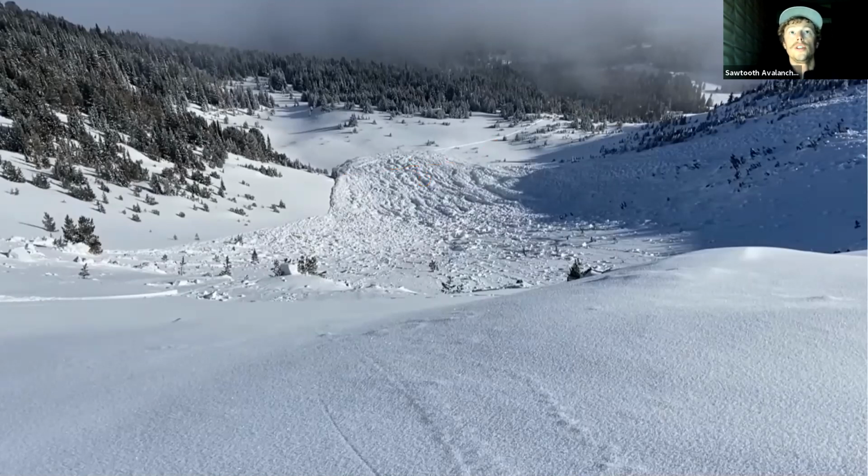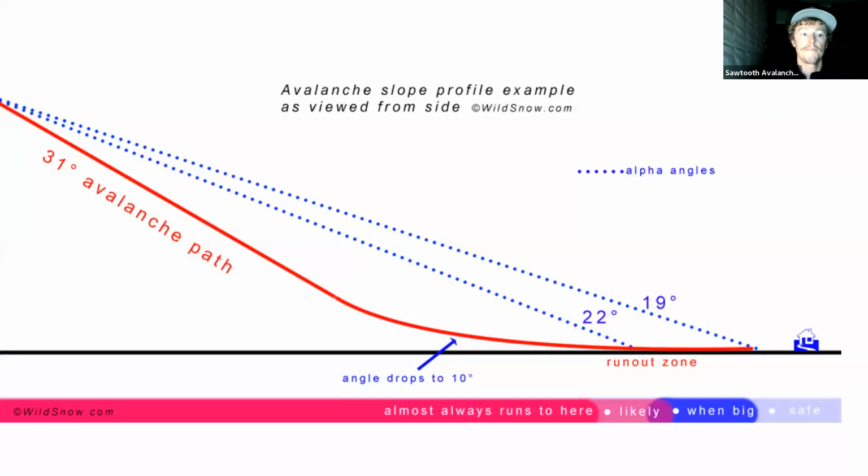One thing that you can do, or at least I anticipate this coming up as a question, so I'll just address it, is the alpha angle. The alpha angle is essentially the angle between horizontal and a line drawn from the highest point of the crown face to the toe of the debris.